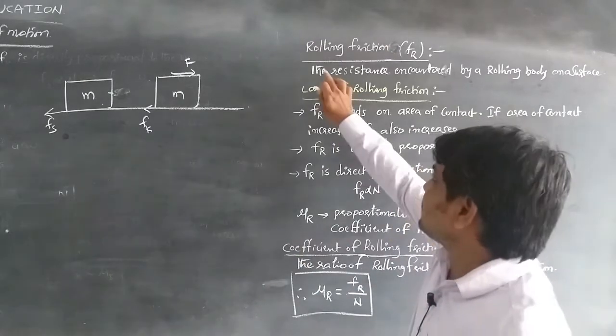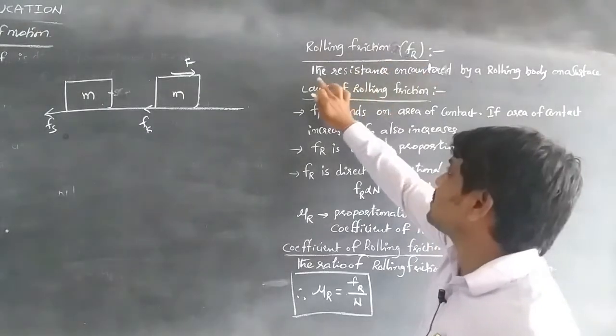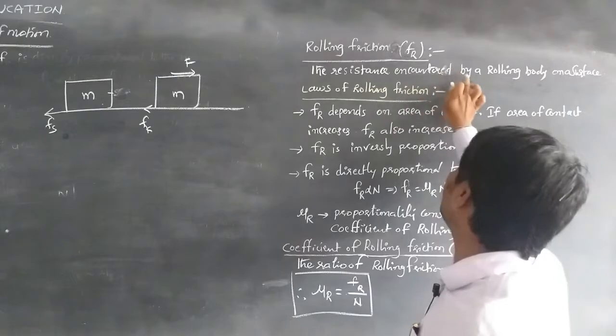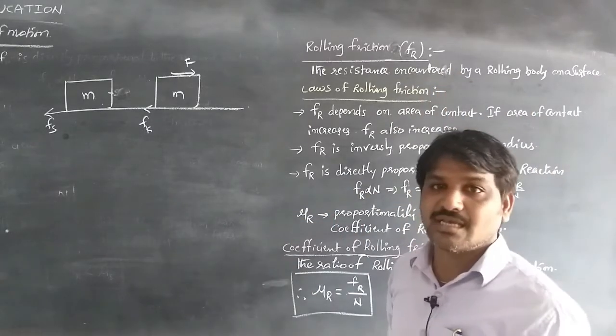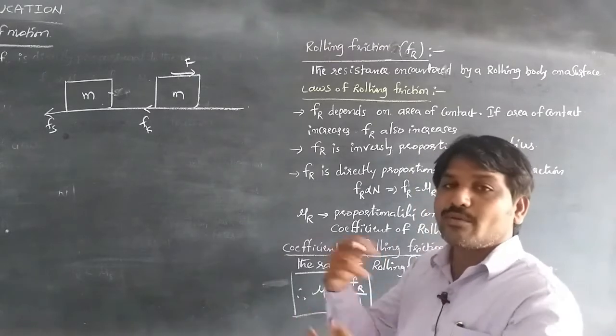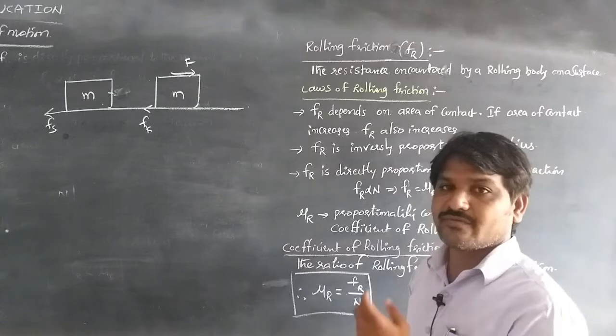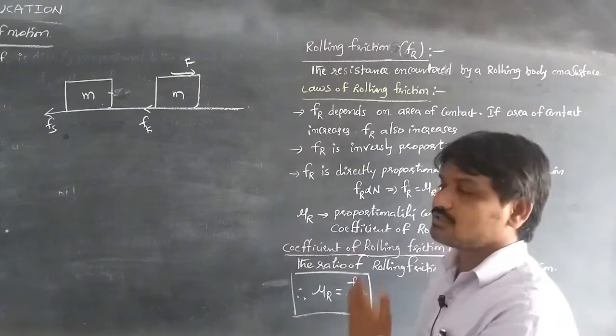But rolling friction is denoted with the suffix R, Fr. It is the resistance offered by the surface and encountered by the rolling body, which is very, very much less than sliding friction or dynamic friction, and also static friction.